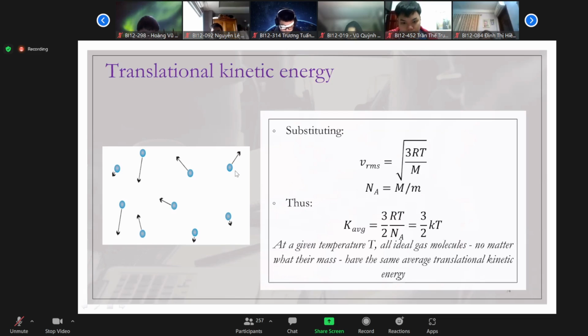If you look at here, the kinetic energy depends only on the temperature. So when we determine the temperature of your system, you also determine the translational kinetic energy. Good.